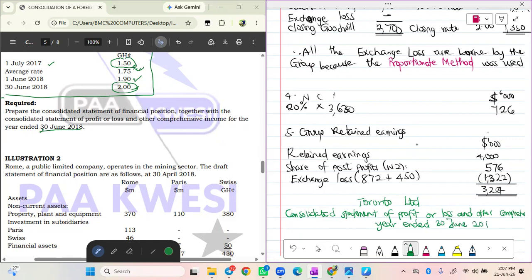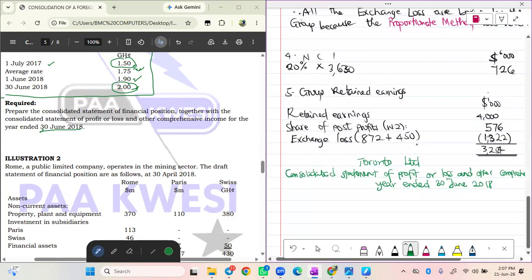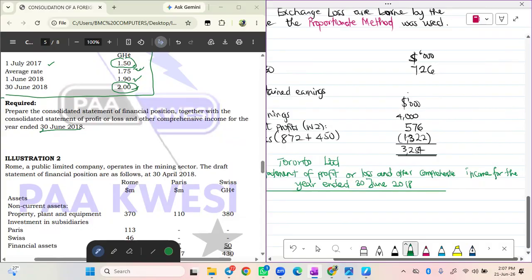I've taken my time. I want everyone to understand what we are doing. So I said whenever you are translating the P&L items, you use the average rate. Statement of financial position, use the closing rate. I explained this morning, but let me say it again. The group presentational currency is what? Dollars.